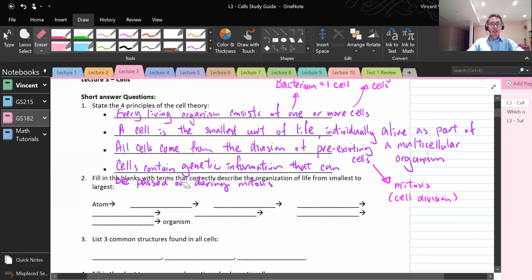Okay, next we're going to fill in the blanks with terms that correctly describe the organization of life from the smallest to the largest. So we start with atoms, and we learned about different types of elements last class, and these elements can come together to form molecules, right?